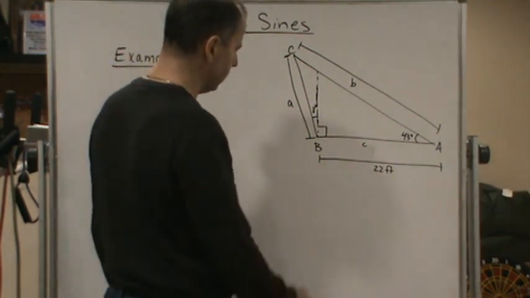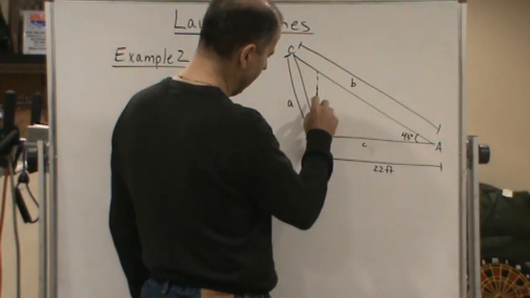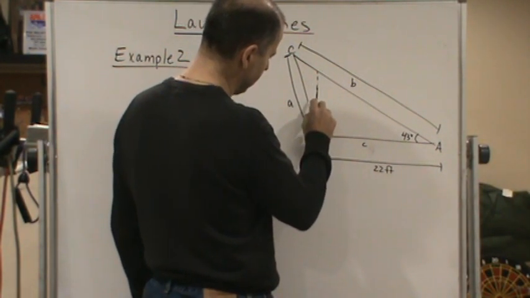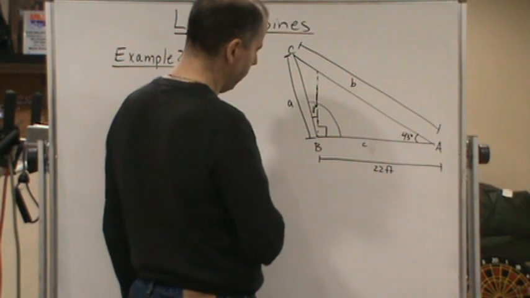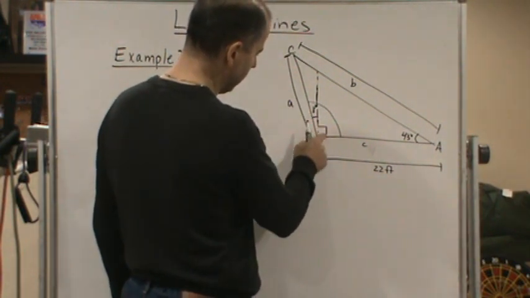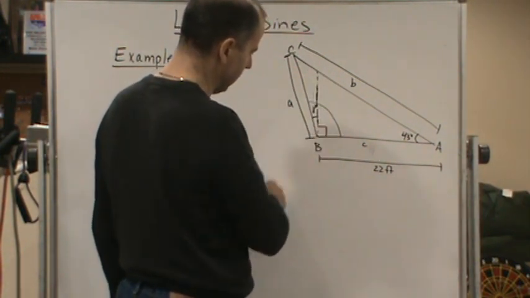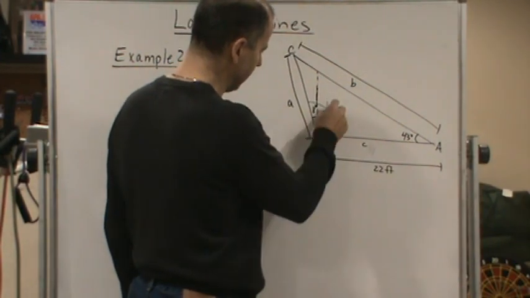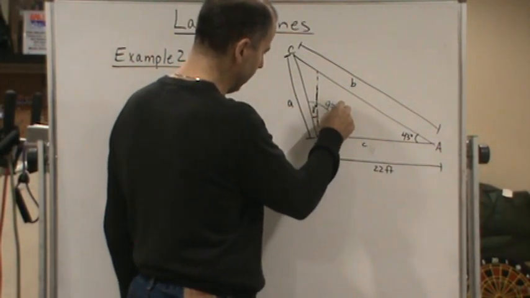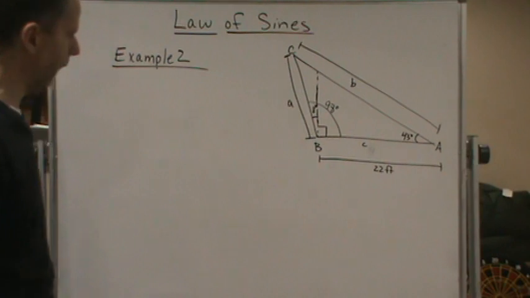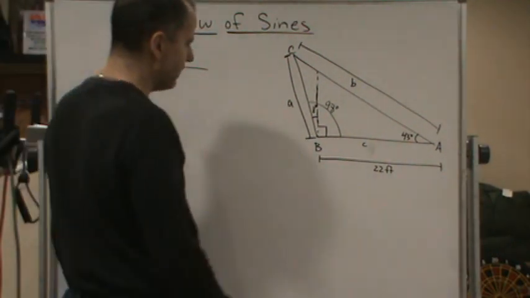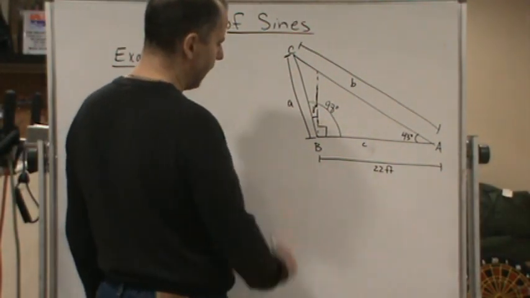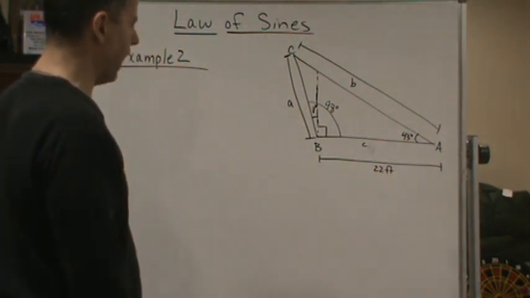And the cool thing is we know this angle here because they give us the 8 degrees, and this is a right triangle inside here, so that's going to be 98 degrees. So we know this is going to be 98 degrees, right? And in this case, we just want to know the length of the flagpole. How tall is the flagpole?